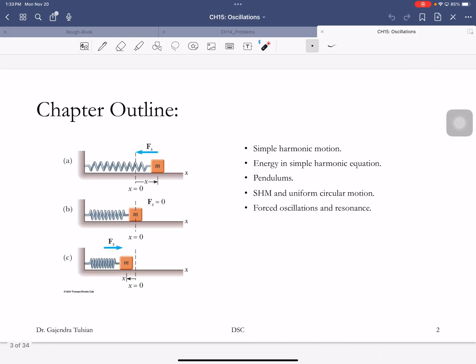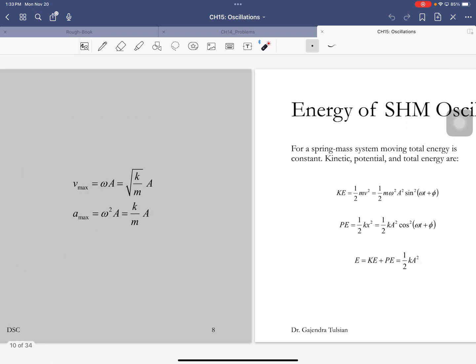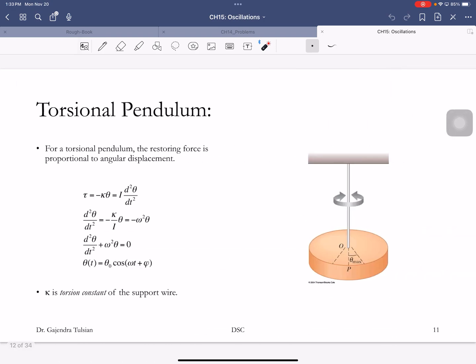All right, so now without going into the app, I'll show you something. We will study this oscillating system. Here's a heavy disk hung by a metal wire. If you twist this disk, it'll oscillate back and forth.